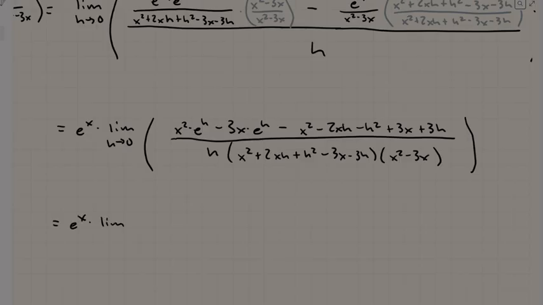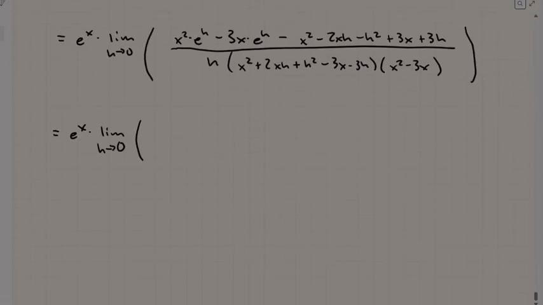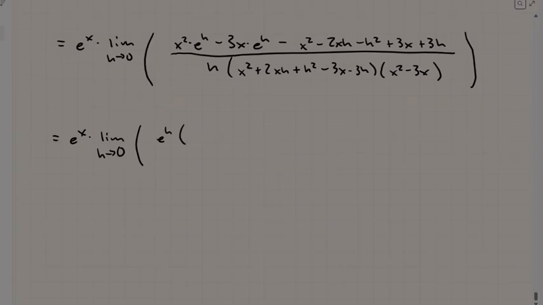And so then the next step, we've got e to the x times the limit as h approaches 0 of. So then, yeah, we'll leave this e to the x factored out. e to the h times x squared minus 3x. Now we want to group that minus x squared plus 3x over here, right? And then we'll go ahead and write all the other terms. So minus 2xh minus h squared plus 3h.